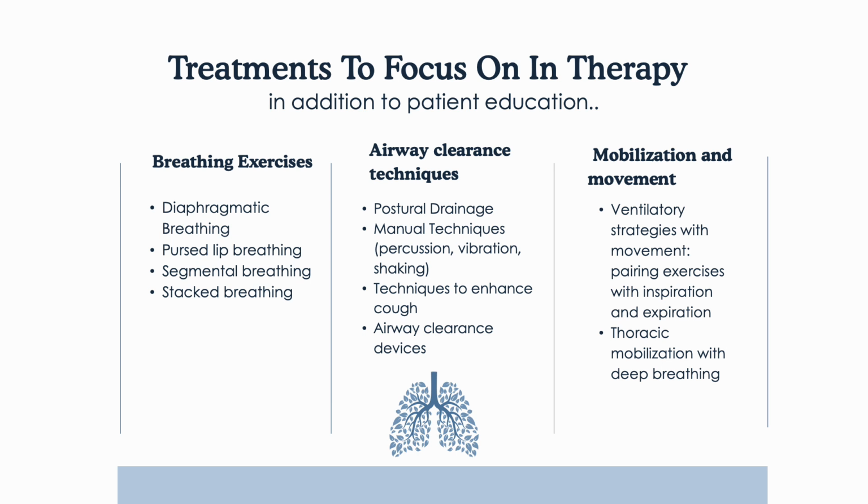We also might have to use airway clearance devices if we are seeing too much pooling or blockage of airways. When we start doing movement, we're going to want to pair ventilatory strategies with exercises.